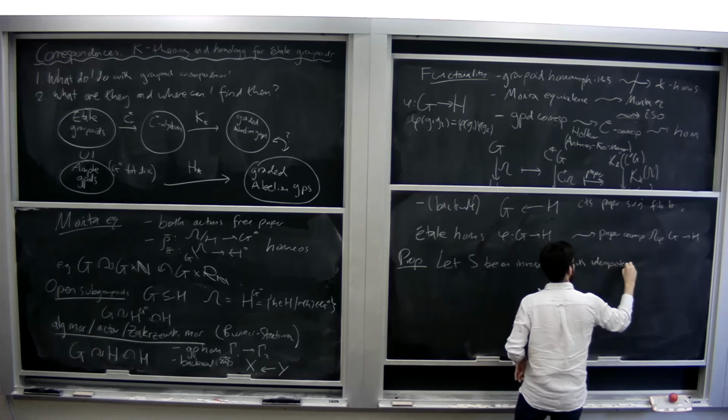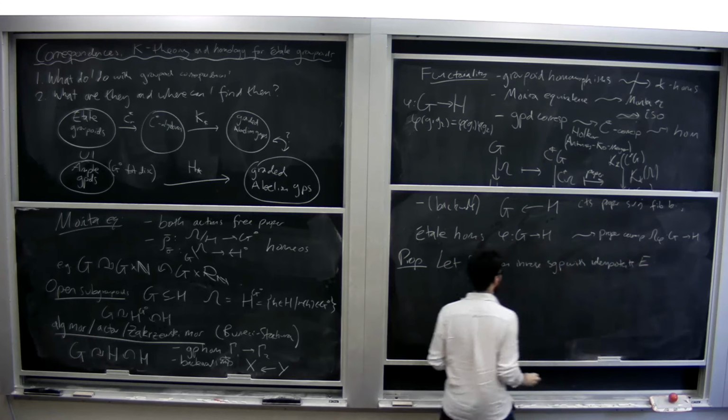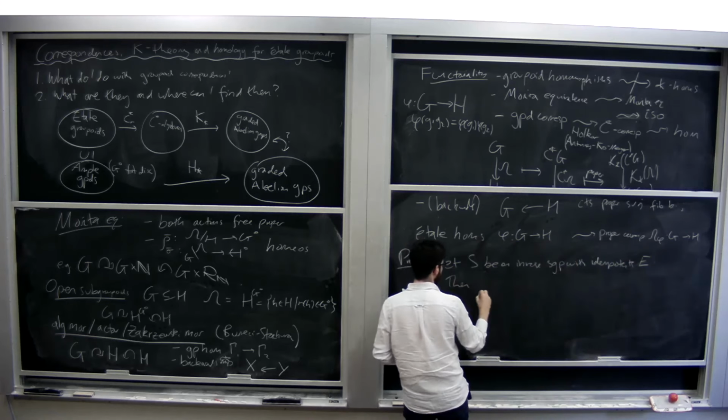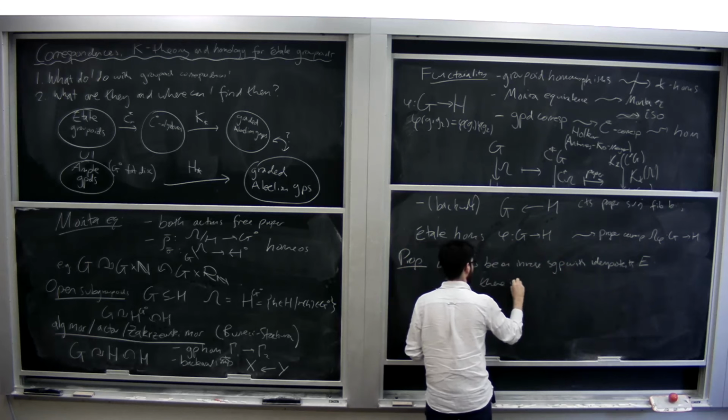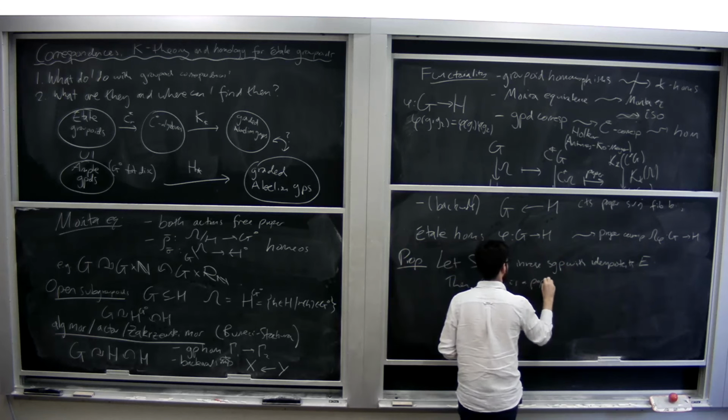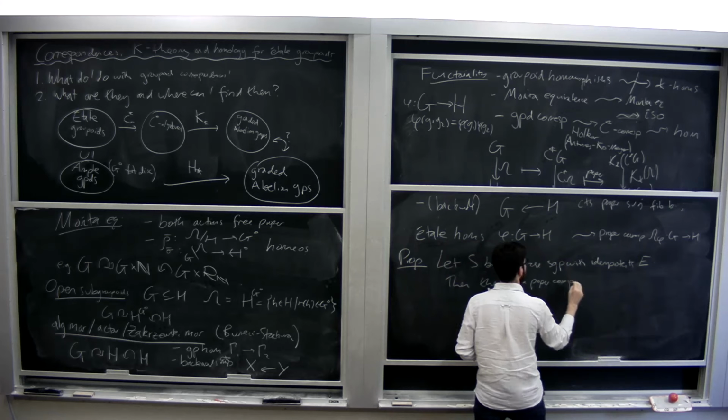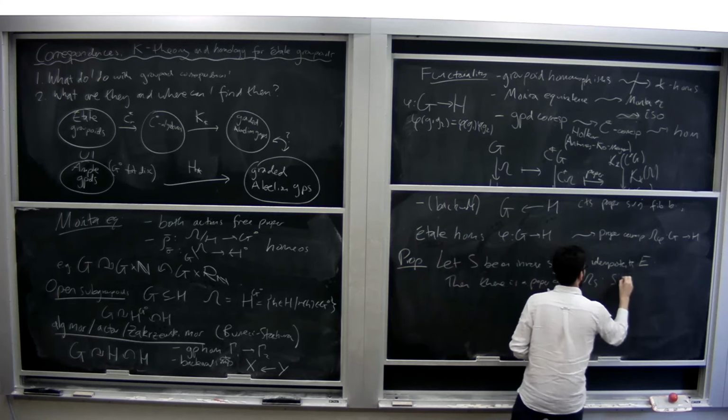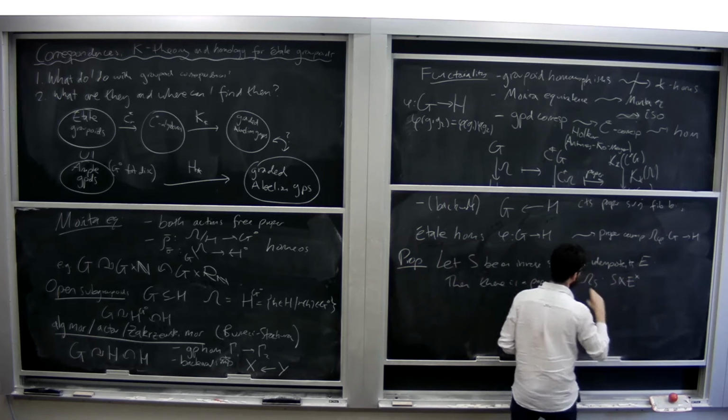It's going to have a space of idempotents E. And I can build a proper correspondence which goes from this groupoid here.